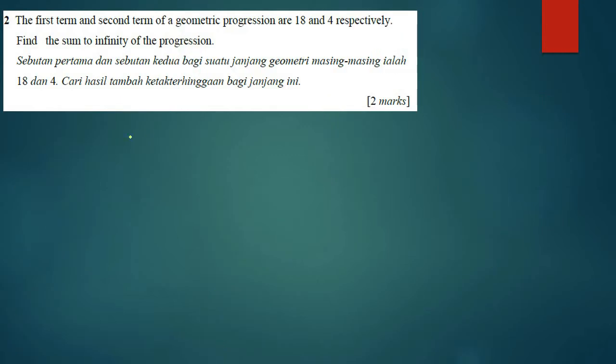Let's look at question number 2. The first term and second term of a geometric progression are 18 and 4 respectively. Find the sum to infinity of the progression. The question is asking for the sum to infinity, so we have this formula.